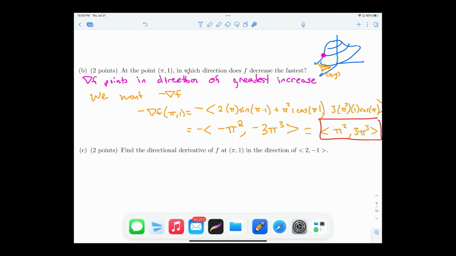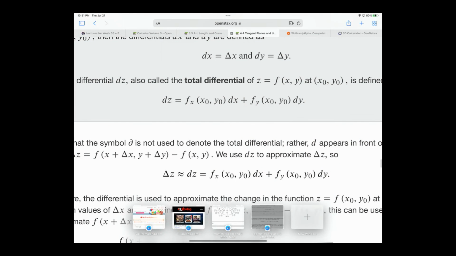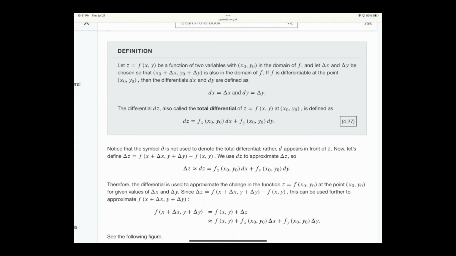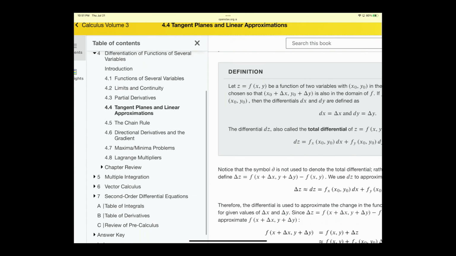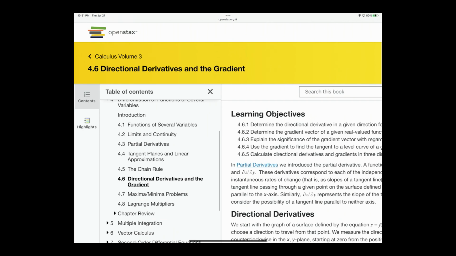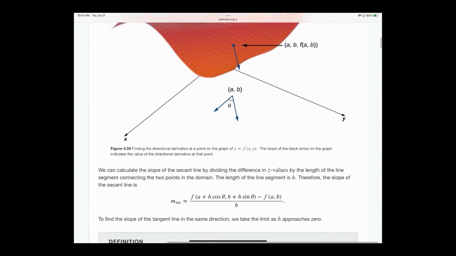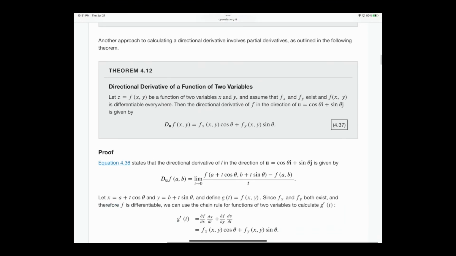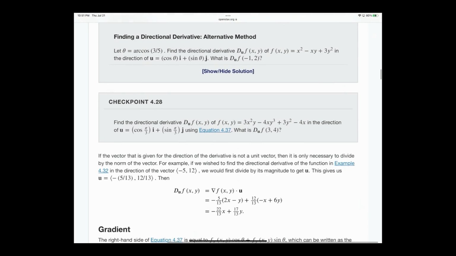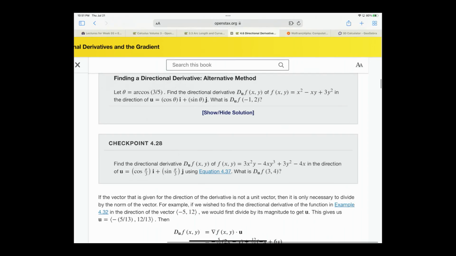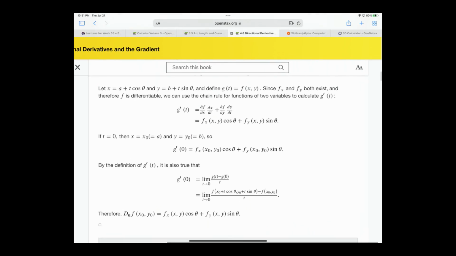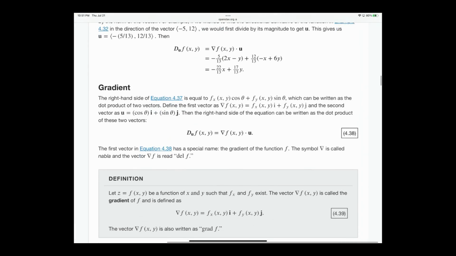All right, then we want the directional derivative. So how do you do a directional derivative? Well, you do a dot product between the gradient and a unit vector in the direction that you want. Let me pull up a formula.